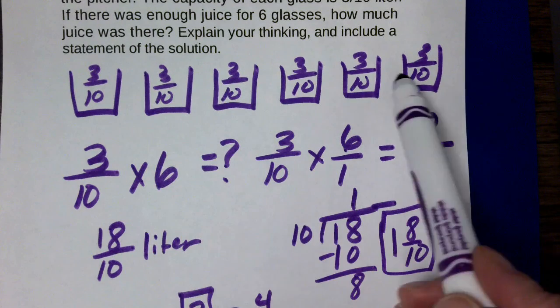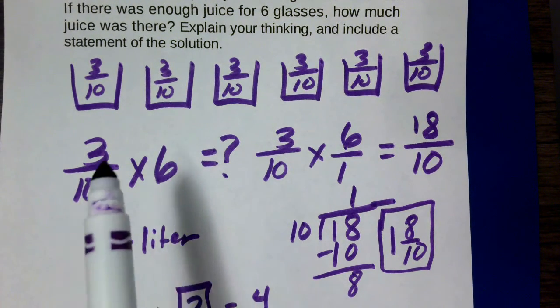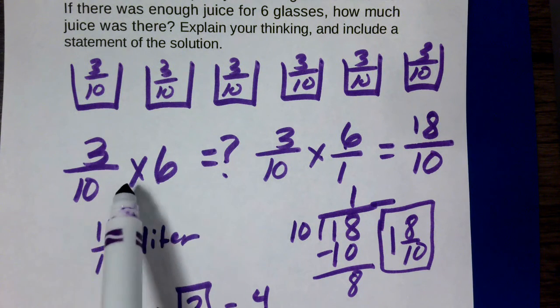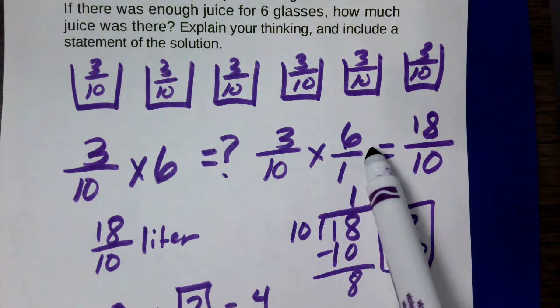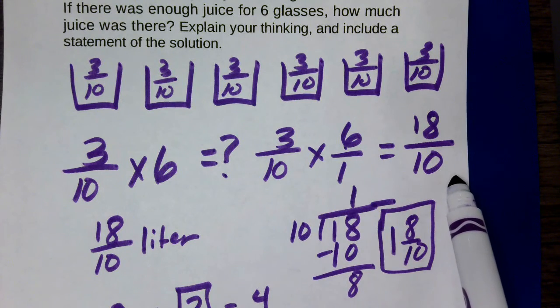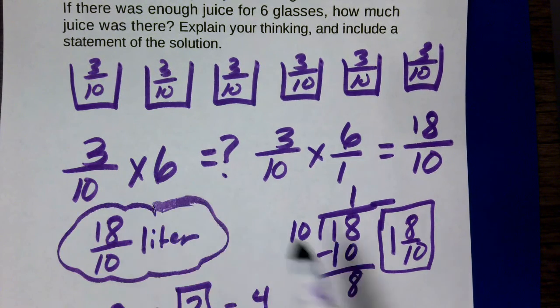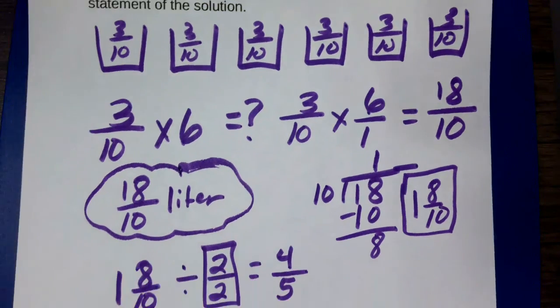Each of them had 3/10 in them, and I made it simpler for us as 5th graders: 3/10 times 6, and then changed that over to 3/10 times 6/1 and got 18/10. And I said that was kind of like my original answer to the question, which is not wrong. It can just be a little bit neater.